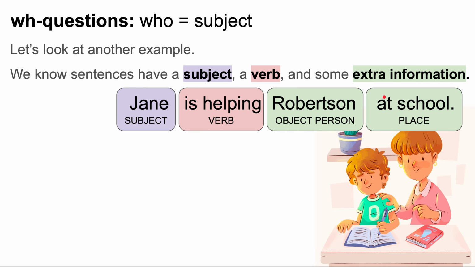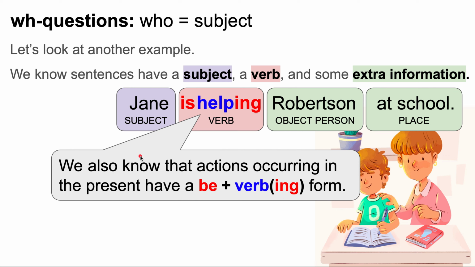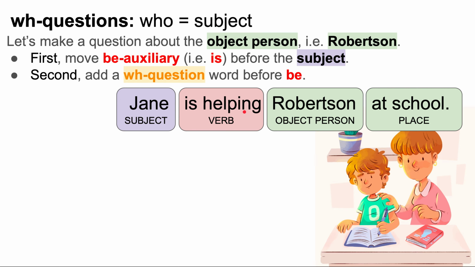At school is extra information for place. Also, please remember that actions occurring in the present have a be plus verb ing form. Here the be auxiliary is. The verb ing form is helping.